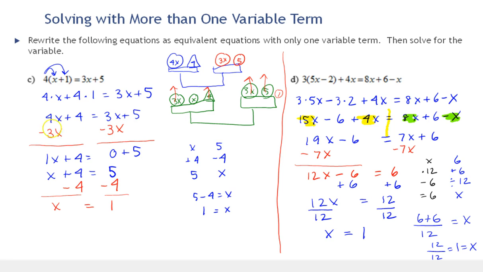First, addition or subtraction, so you only have x terms on one side. Then you can use addition or subtraction, like we did in this case, so we can bring all the numbers to the right hand side or the other side. And then in this problem right here, we also had to do a final division step.